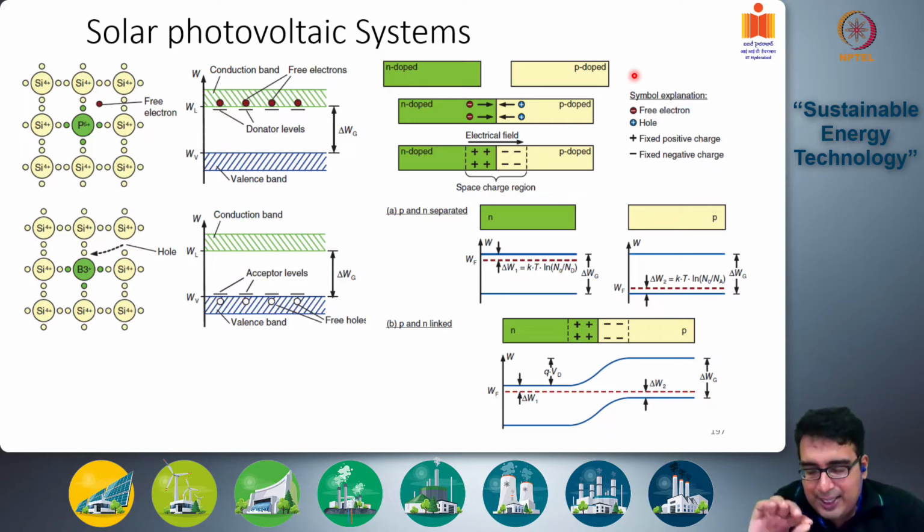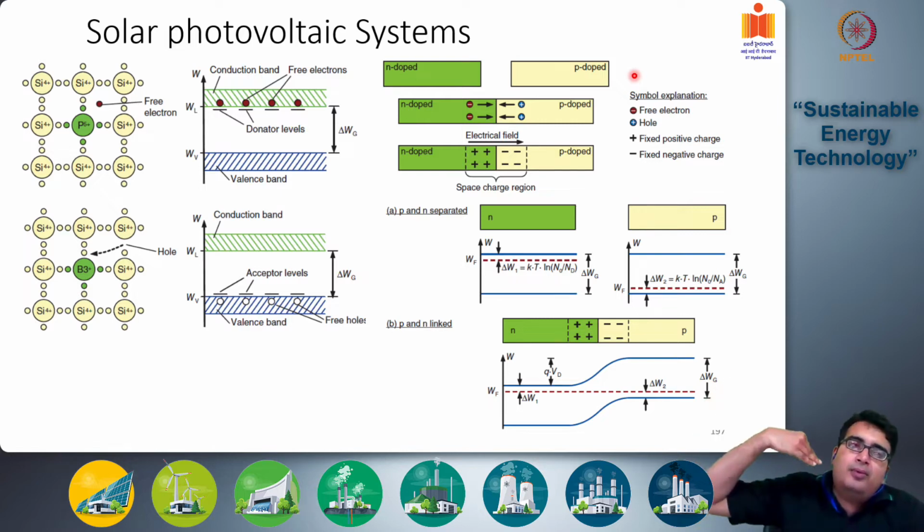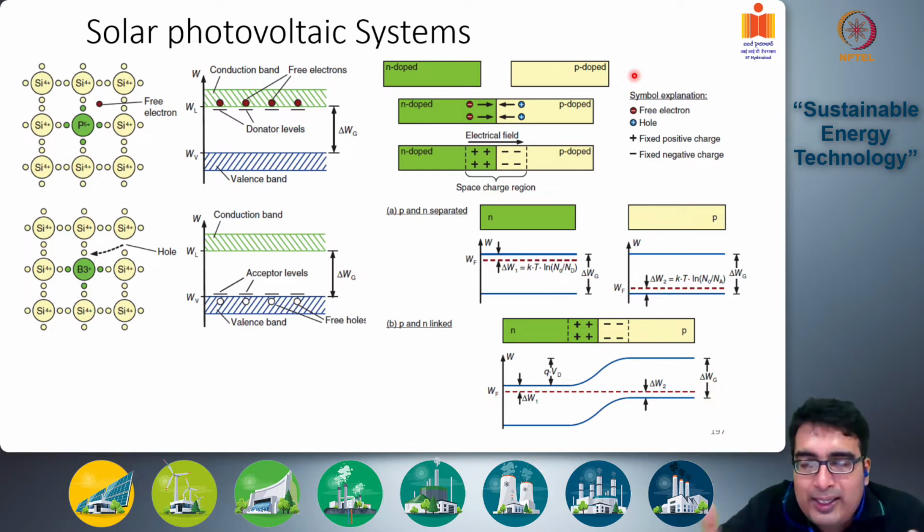Yes, there were free electrons and free holes, but those were not present because you are putting extra electrons over and above what is required to keep the charge balance. Phosphorus atom is a 5+ atom, okay, and boron atom is a 3+ atom.